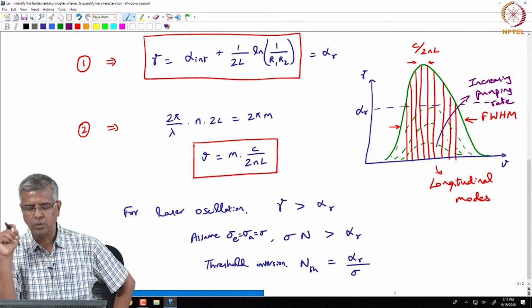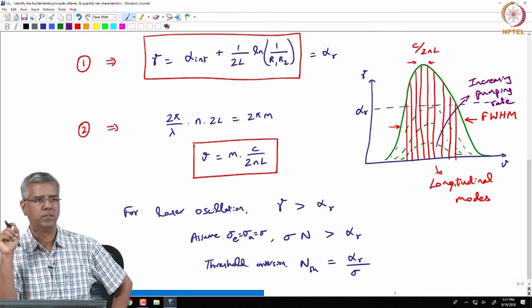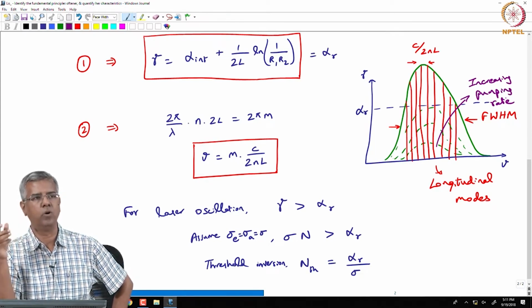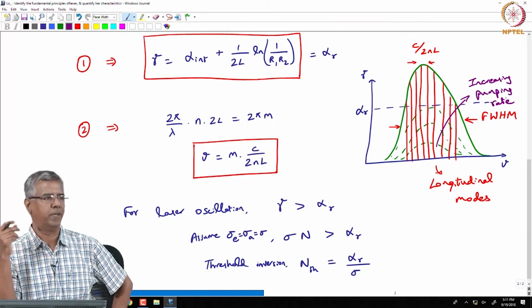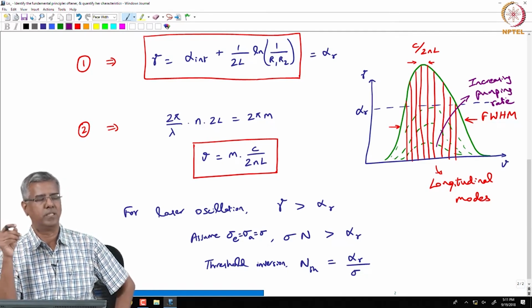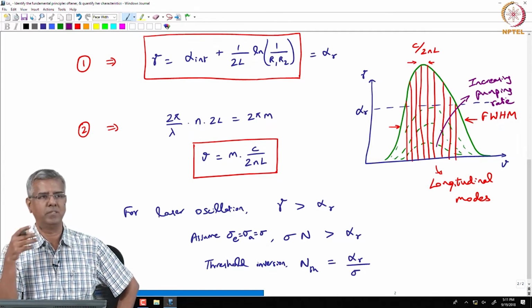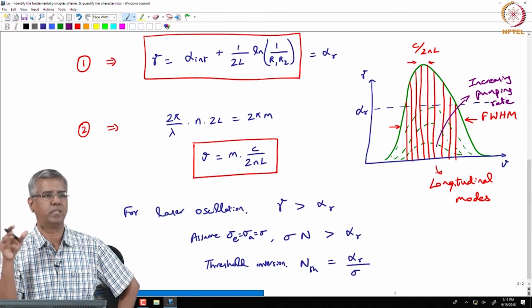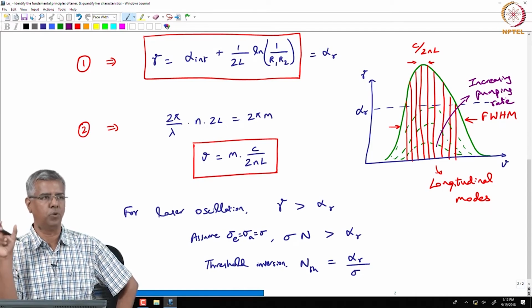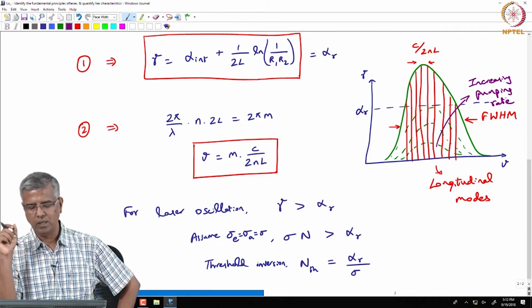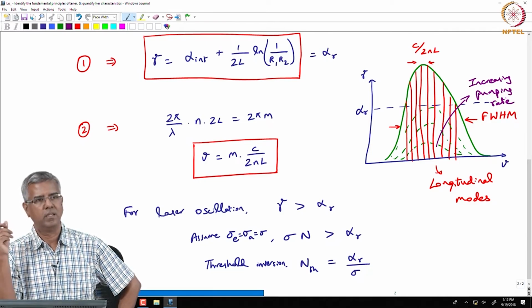To get a very low threshold, or to get to the threshold condition with a very low pumping rate, what do you want to have in your cavity? Certainly, you want to have very low background losses. So, you start with a gain material which does not have very many scattering centers, which does not have very much background absorption and all of that. So, you start with a very pure gain medium. But what can you say about the reflectivity of the mirrors?